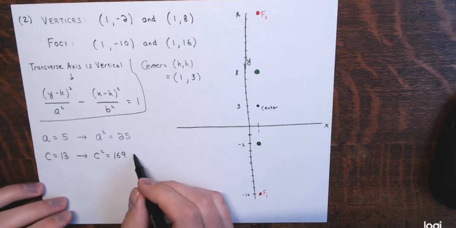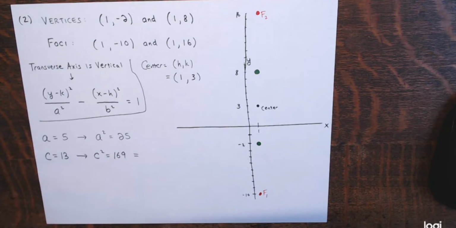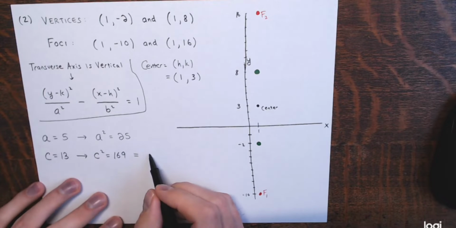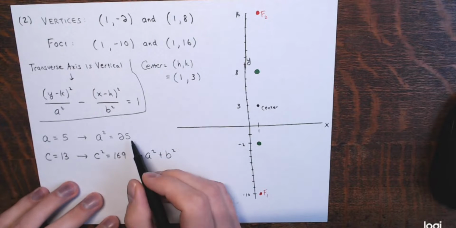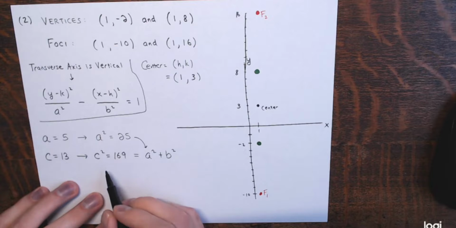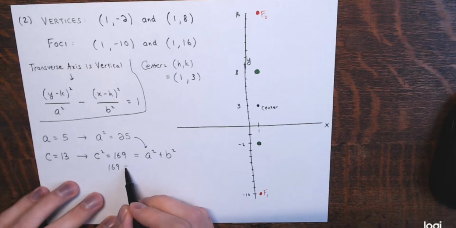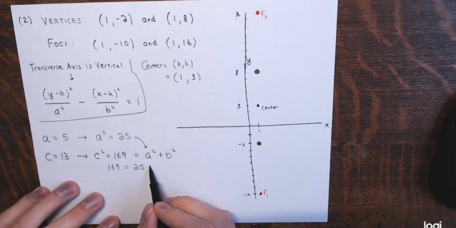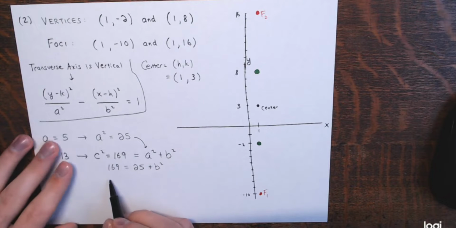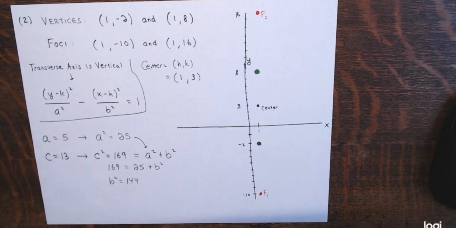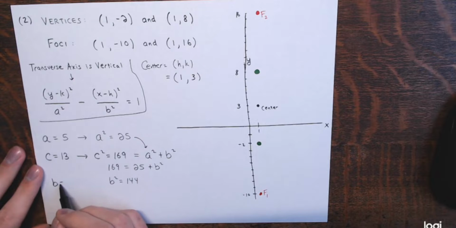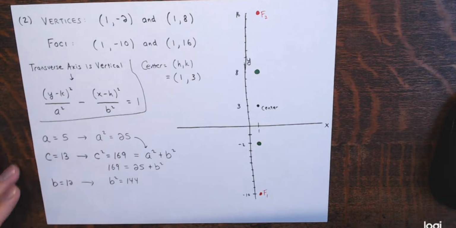But like last time, the relationship between c, a, and b is always the same for any hyperbola. c squared is a squared plus b squared. And I'm putting in 25 for a squared, so we have 169 equals 25 plus b squared. Then b squared would have to be 144, subtracting 25 from both sides. And that's a nice one too. b would then be 12, if b squared is 144.